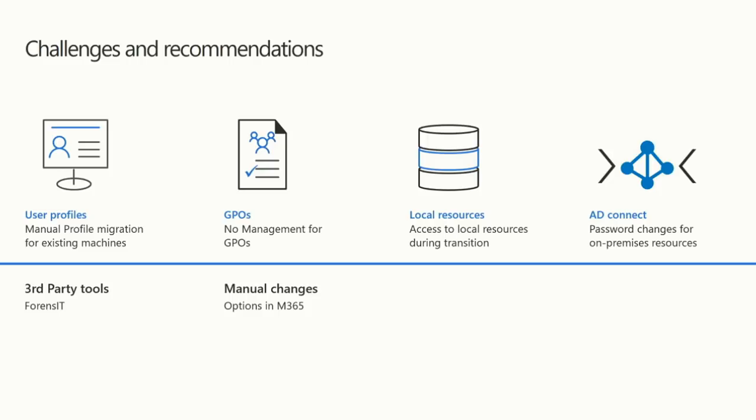So there are things in the framework to get some user settings like standardized desktops, wallpapers, power management, those things. They are in the works. They will be in the product eventually. They're just not there at this moment. But if you're going through a migration today, those are things you are going to have to manually set on your own.